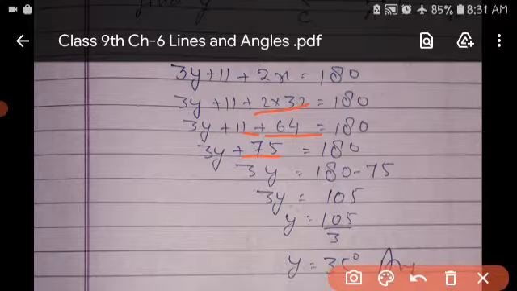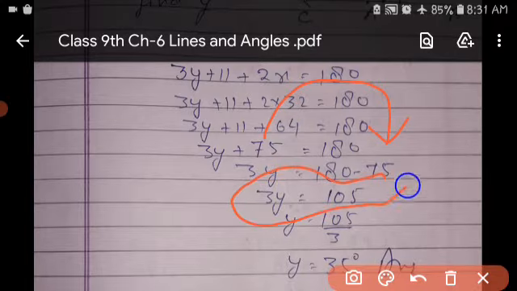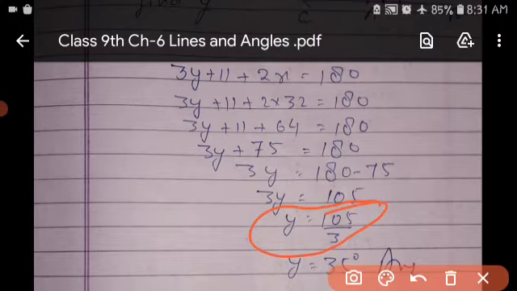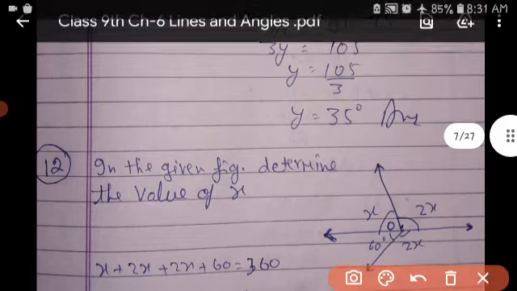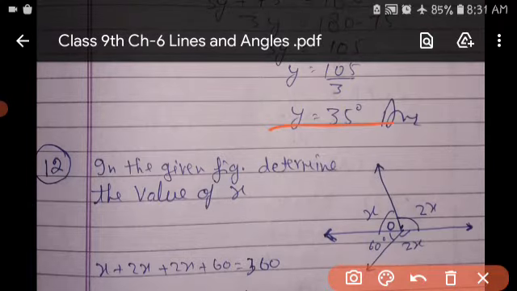Now 75 goes to the other side with a minus sign. 3y is equal to 180 minus 75, so 3y is equal to 105. Now y is equal to 105 upon 3, which is 35 degrees.